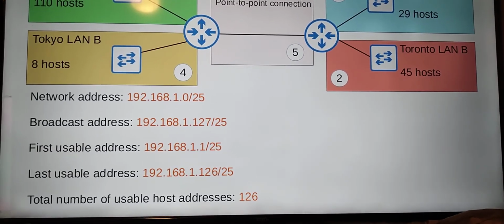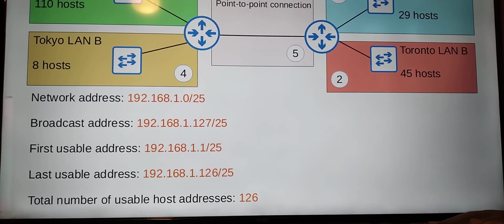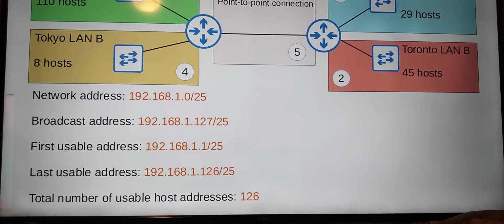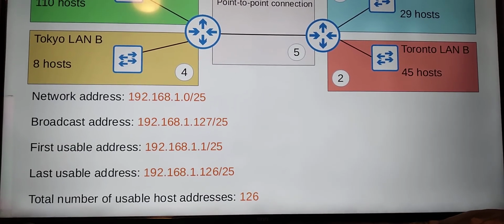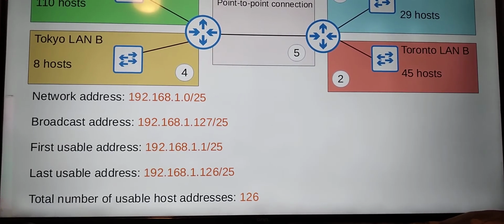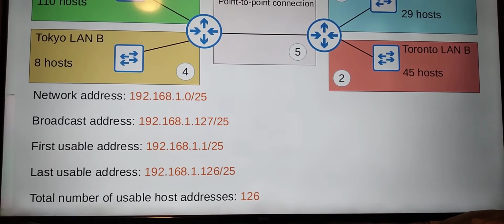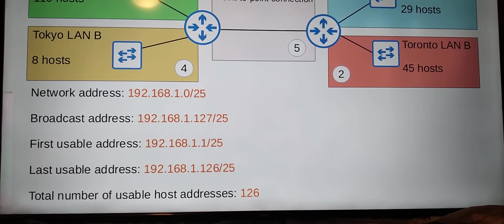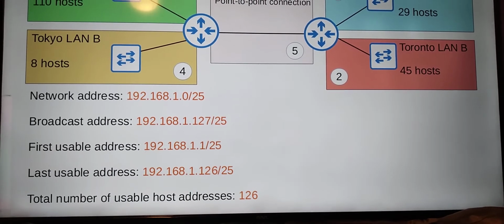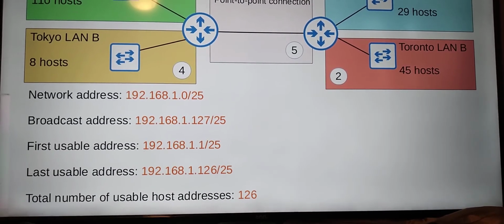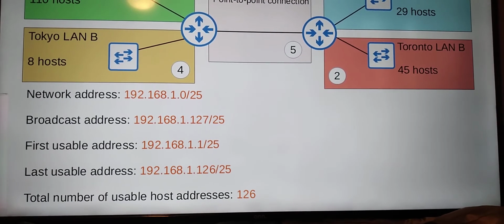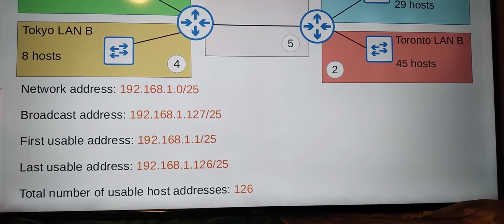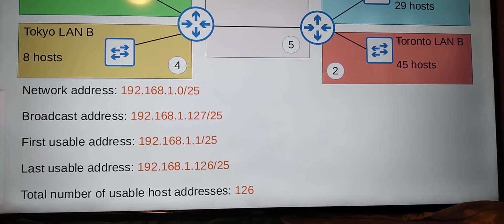The first usable address is the network address +1 and the last usable address is the broadcast address -1. So again, 7 host bits allows for 126 usable addresses, which is 2 to the power of 7 minus 2. The network address is 192.168.1.0/25, and the broadcast address is 192.168.1.127/25.